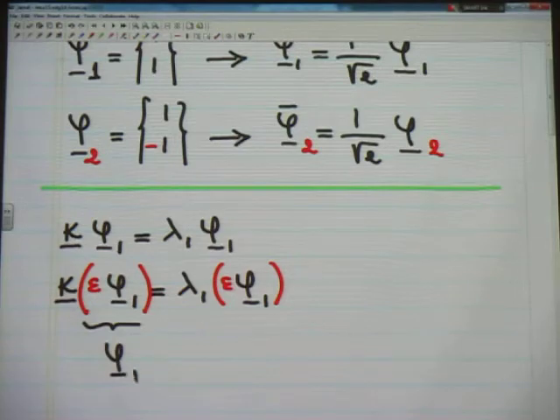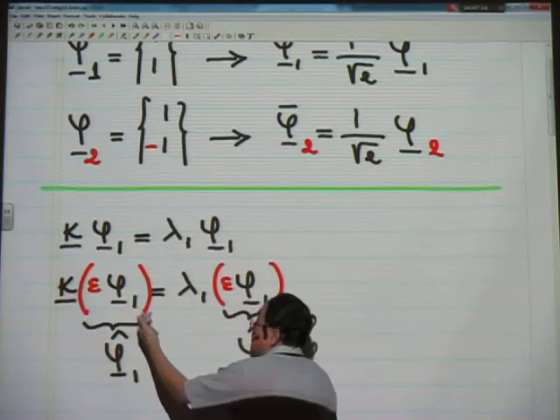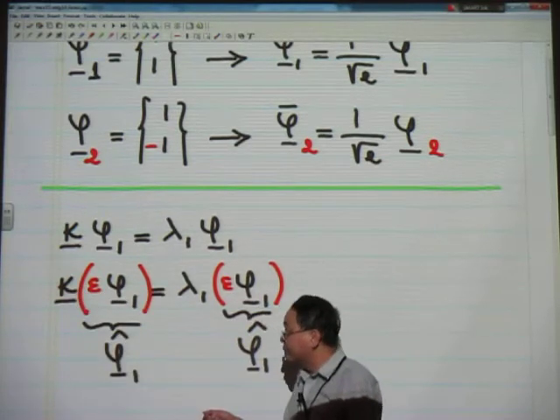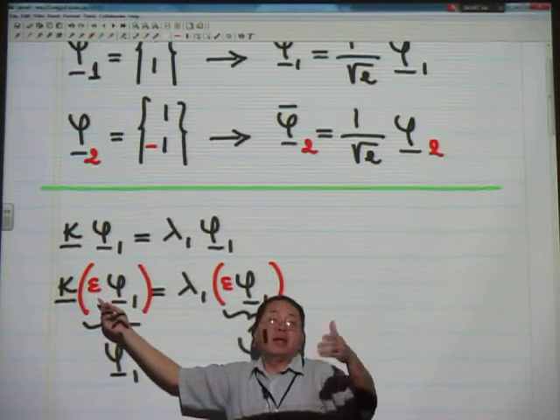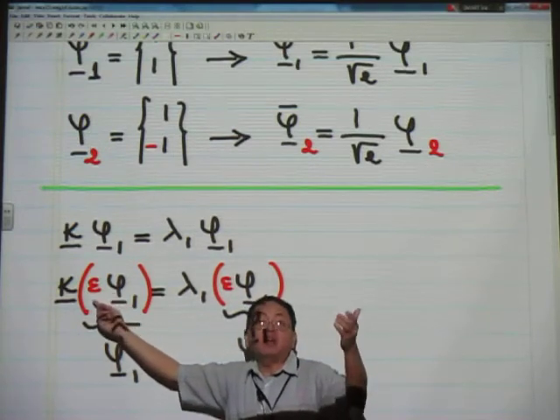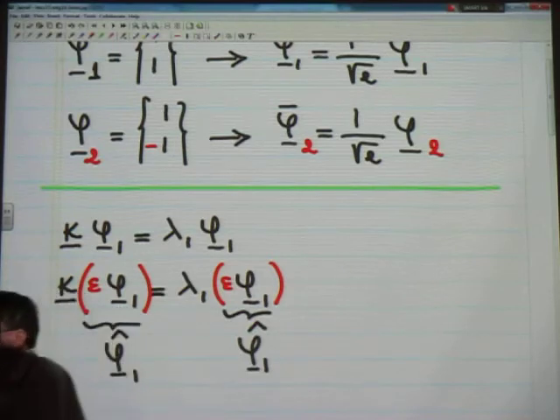The hat is just to say that phi 1 hat is equal to a scalar epsilon times phi 1. Epsilon can be anything, can be minus 10, minus 100, 1,000, 1 million, doesn't matter.